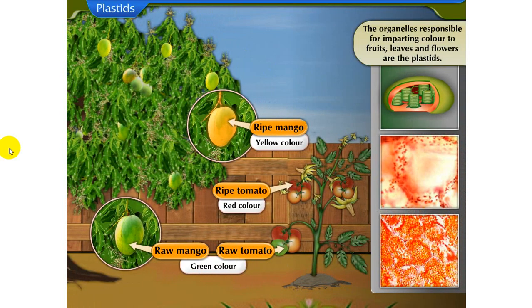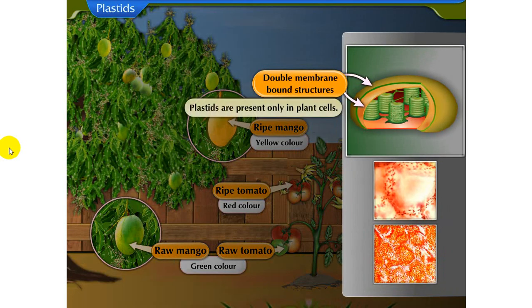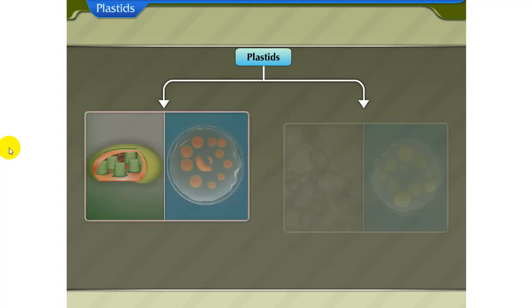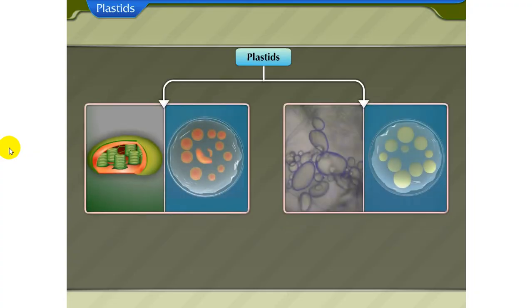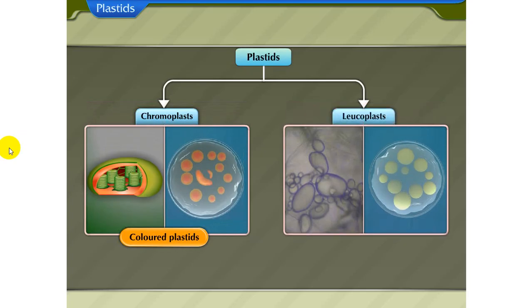The organelles which are responsible for imparting this color are the plastids. Plastids are double membrane bound structures. They are present only in plant cells. There are two types of plastids. One, chromoplasts, that is colored plastids, and two, leucoplasts, colorless or white plastids.